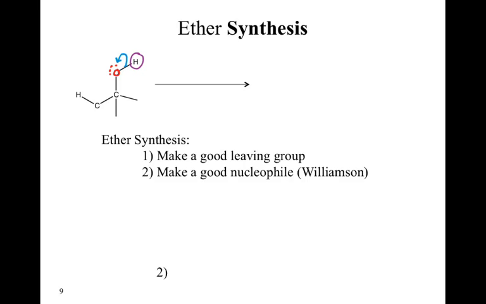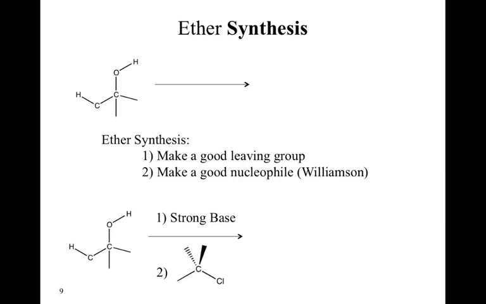Well, a species that donates hydrogen is also known as an acid, which means I need to react it with a base. So if I add any strong base, that can change, through reaction 1, my species to instead become this guy.